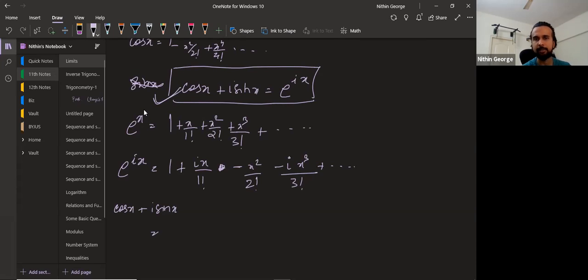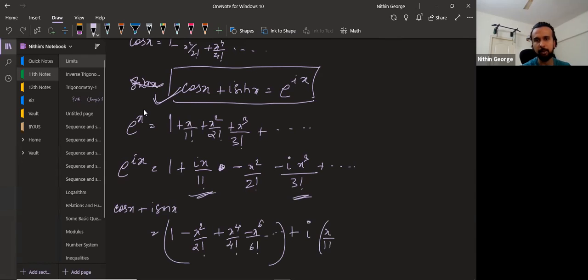I'll take the real part separately: 1 minus x square by 2 factorial, the next term will be plus x power 4 by 4 factorial minus x power 6 by 6 factorial and so on. Then I'll take the i terms common, the imaginary terms: plus i into x by 1 factorial minus x cubed by 3 factorial and so on. Are you getting this, guys?